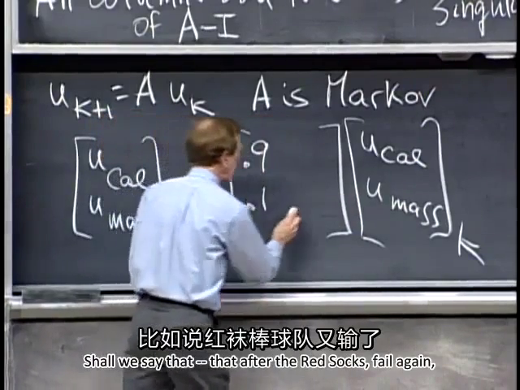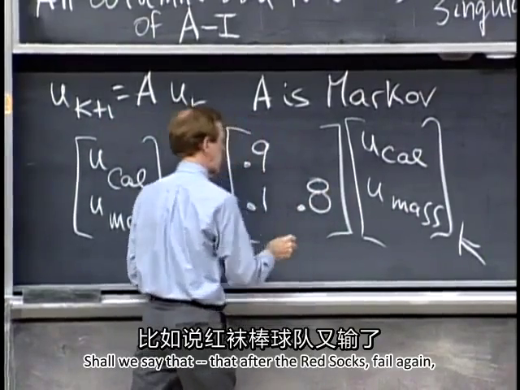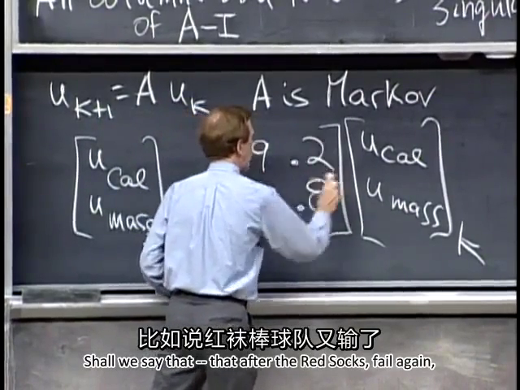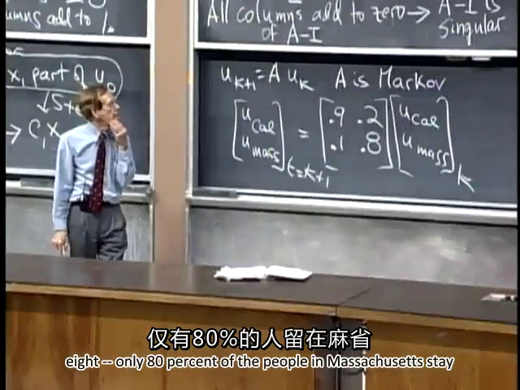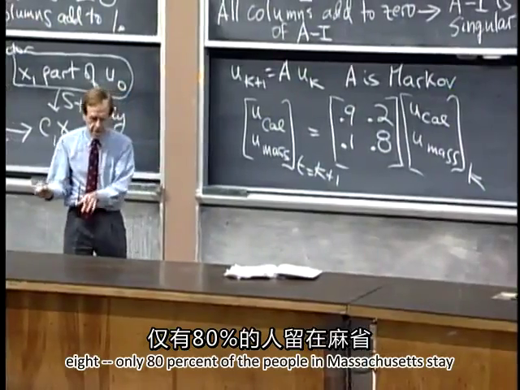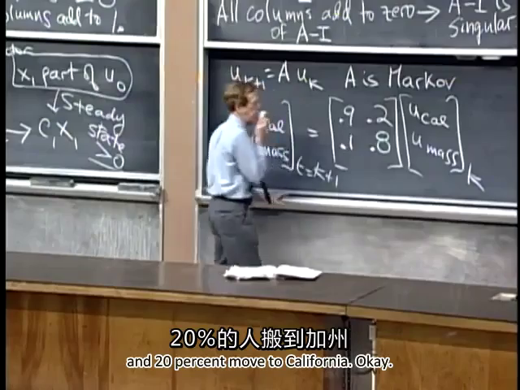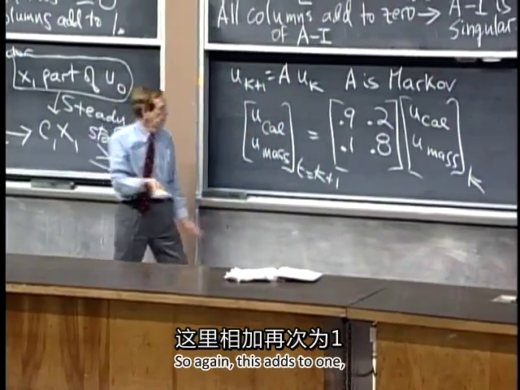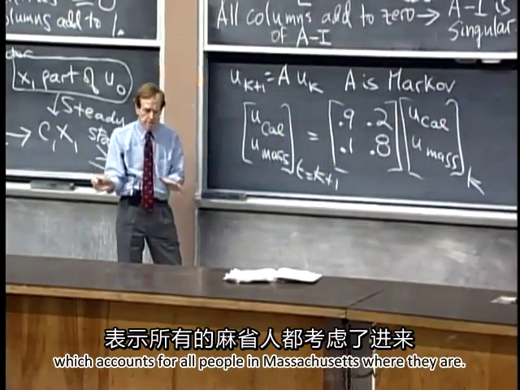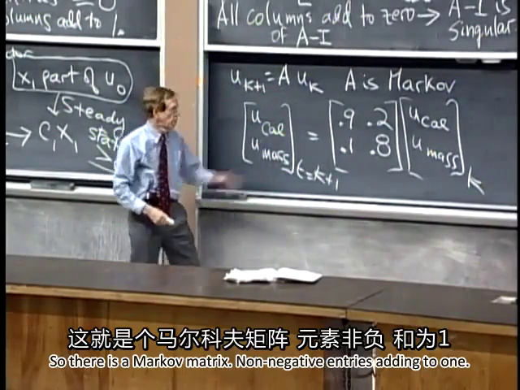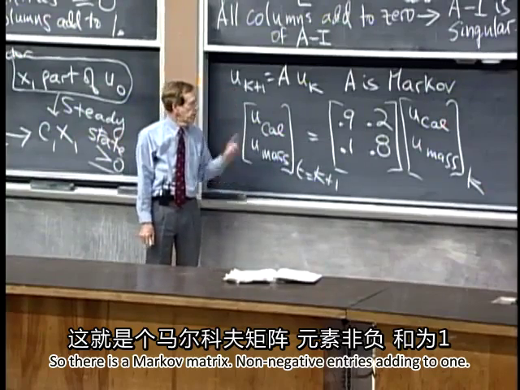Shall we say that after the Red Sox fail again, only 80% of the people in Massachusetts stay, and 20% move to California. Okay. So again, this adds to 1, which accounts for all people in Massachusetts where they are. So there is a Markov matrix. Non-negative entries adding to 1.